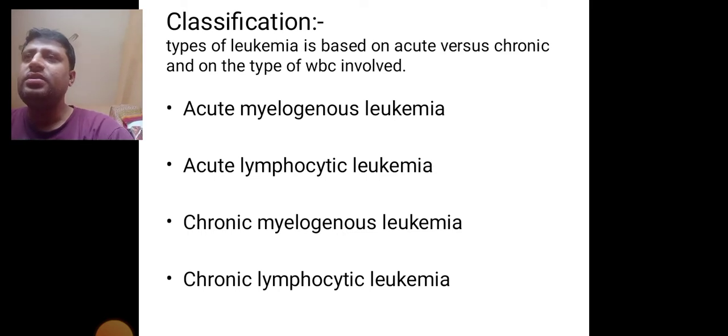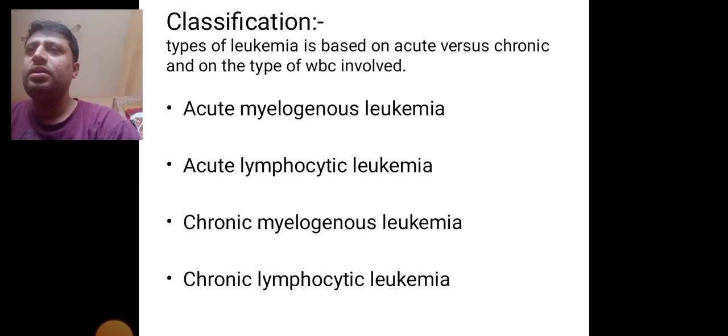Second classification is acute lymphocytic leukemia. This is the most common type of leukemia in children and nearly 50% of acute leukemia in adults.